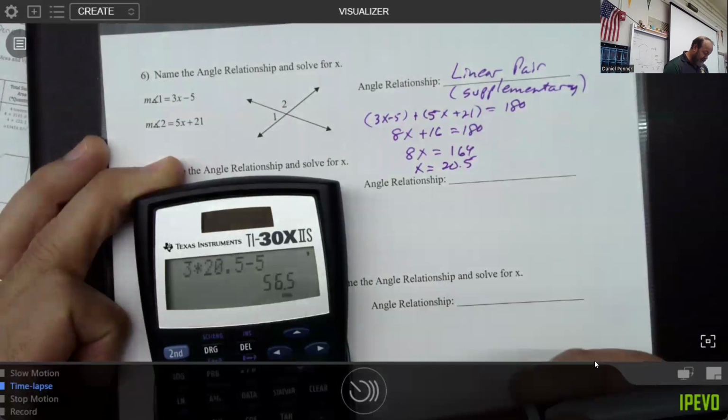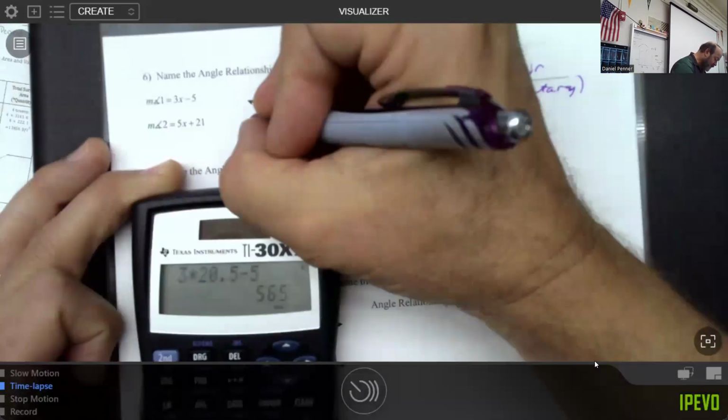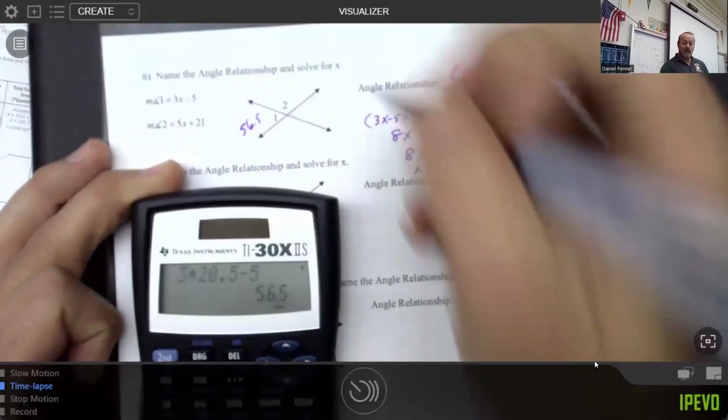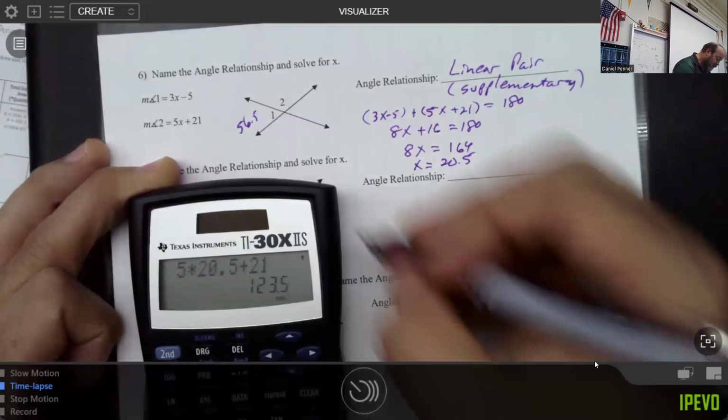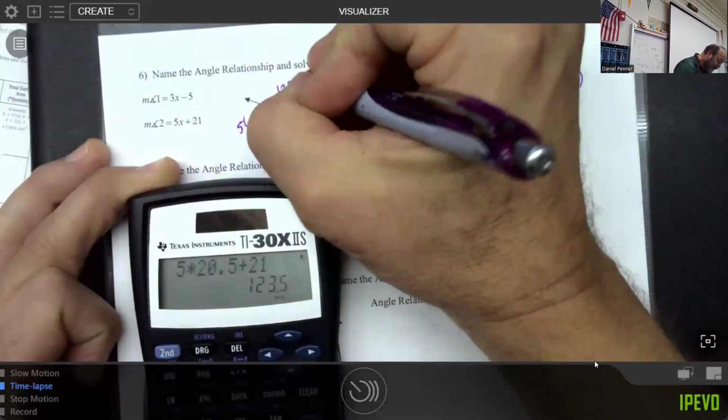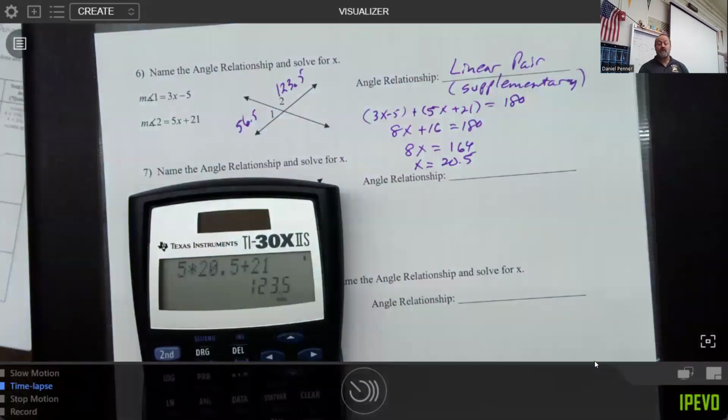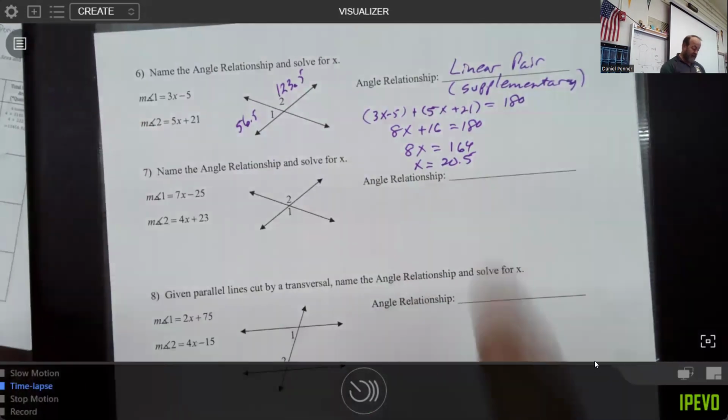I found out that my measure of angle 1 was 56 and a half degrees. That's a curious result. Well, 5 times 20 and a half plus 21 is 123 and a half. And if you actually check that out, those do in fact add up to 180 as they were supposed to. So it appears that we were not in error by getting that value.